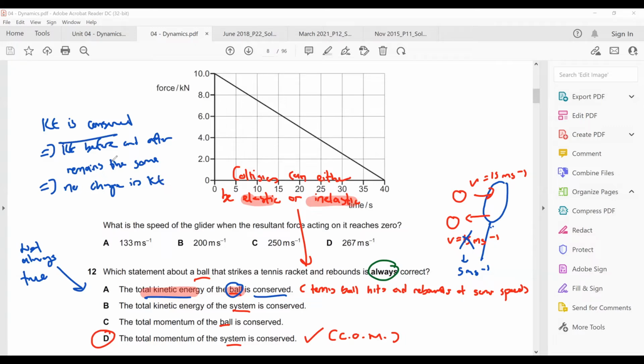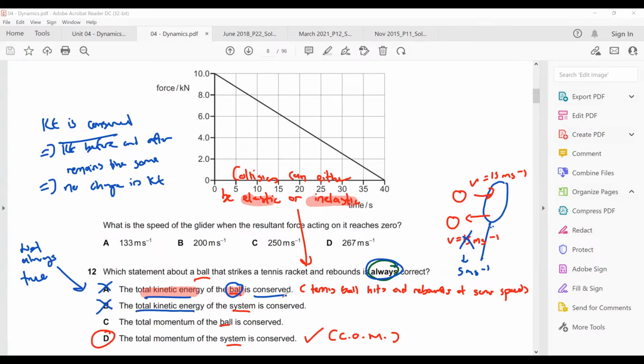So in my case here, with a ball that strikes a tennis racket, the only time your KE will be conserved is when the ball hits and rebounds at the same speed. But this is not always going to be true. What they want is a case that is always true, always correct. So A is out. Now, total kinetic energy of the system is conserved. This one is also not going to be true, right?